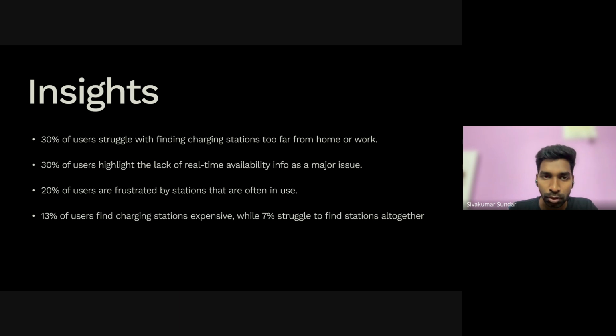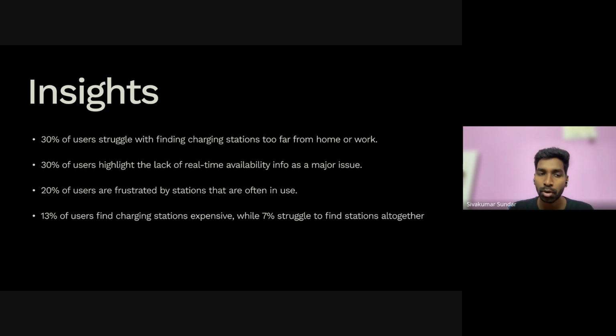People find it's either too far from work or home because they don't know where the charging stations are. The charging stations that they know today are very far away because they don't have real-time visibility on any new charging stations coming in, that might be even just 5 kilometers away, but there's no one to update them. So that is one of the first problems.